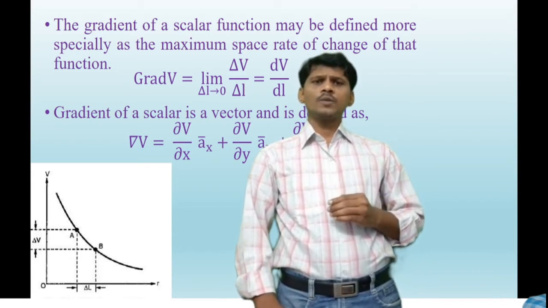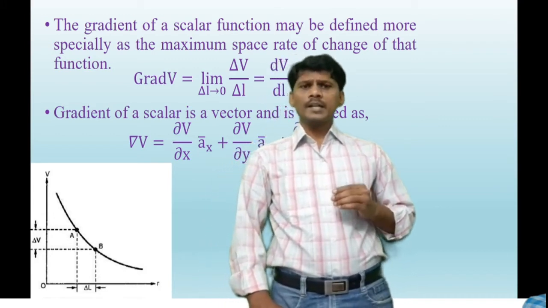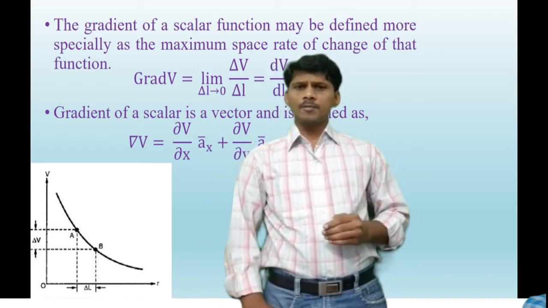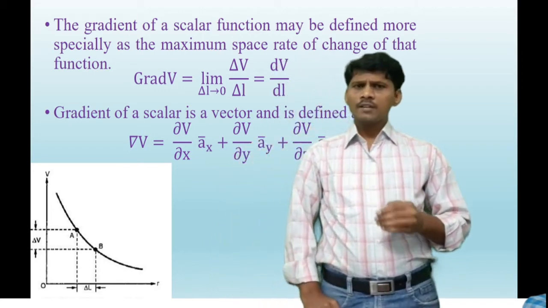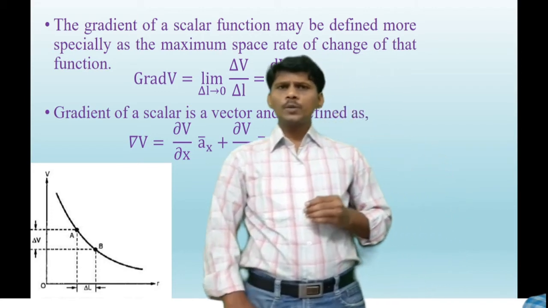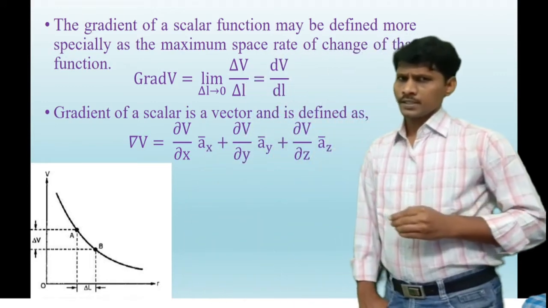Gradient of V is equal to limit delta L tends to 0 of delta V by delta L, or dV by dL. The gradient of a scalar is defined as del V is equal to dou V by dou x Ax bar plus dou V by dou y Ay bar plus dou V by dou z Az bar.